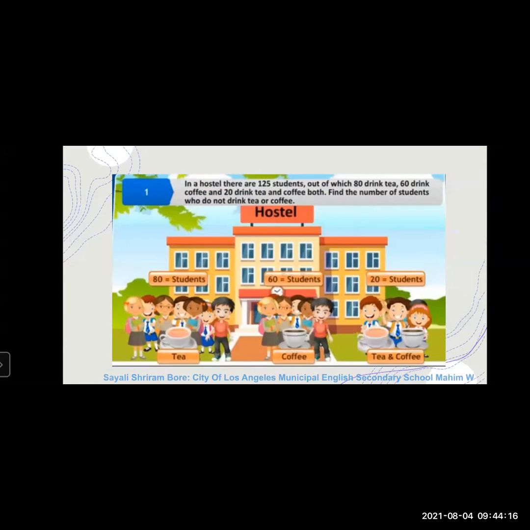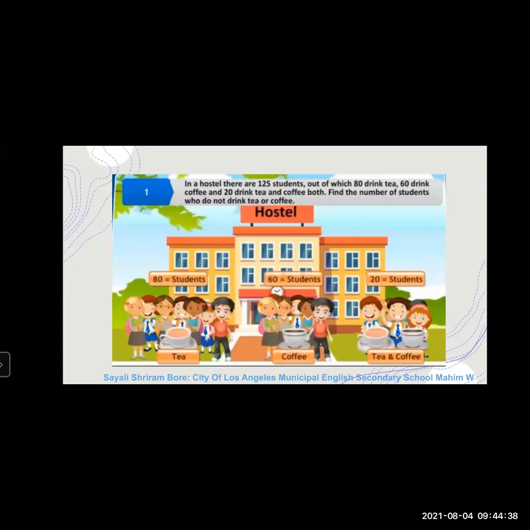Okay. Now here one more question: in a hostel there are 125 students. See here, this is also the same question from your practice set. Out of which 80 drink tea, 60 drink coffee and 20 drink tea and coffee both. The word both is used. That means it is the intersection.